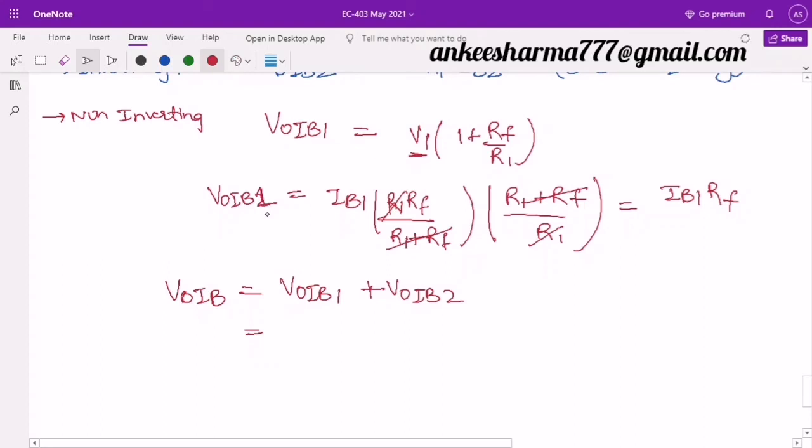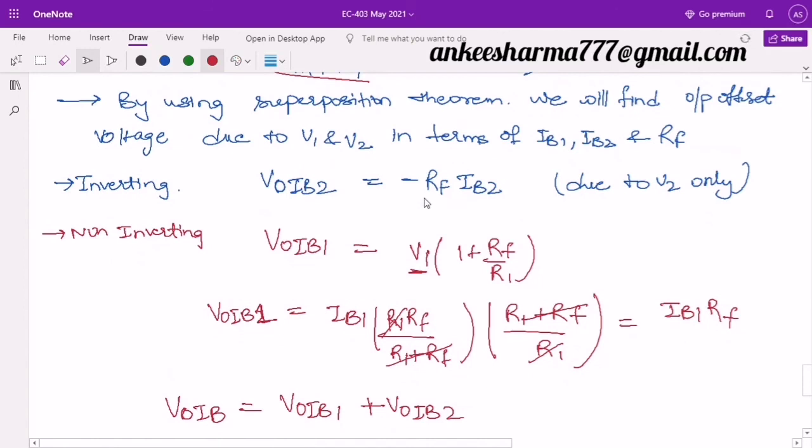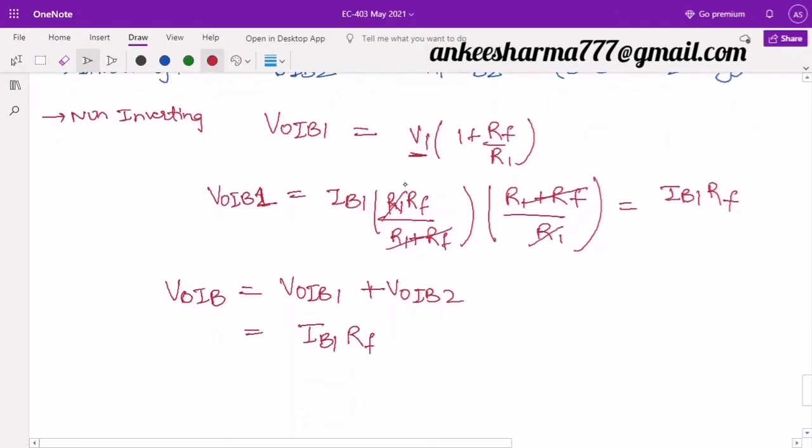VOIB1 is nothing but IB1 into RF, whereas VOIB2 is already obtained in the negative form, क्योंकि मैंने बोला था कि इन्वर्टिंग टर्मिनल पे कनेक्टेड है, तो इट मीन्स आउटपुट क्या आएगी नेगेटिव. So it is already in the negative form, minus RF into IB2.